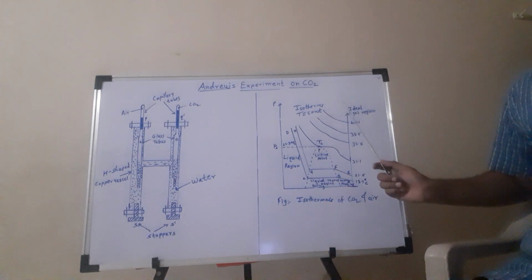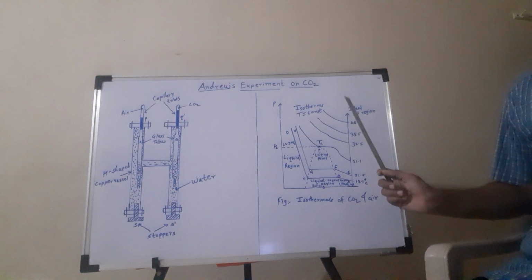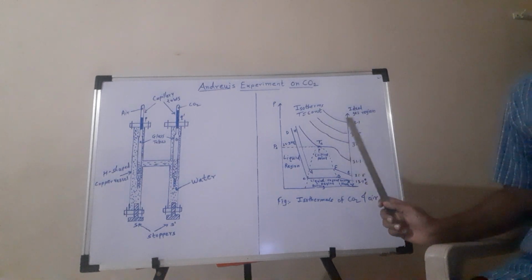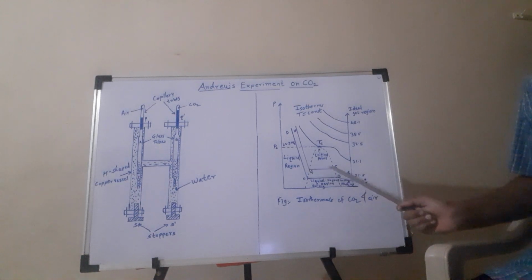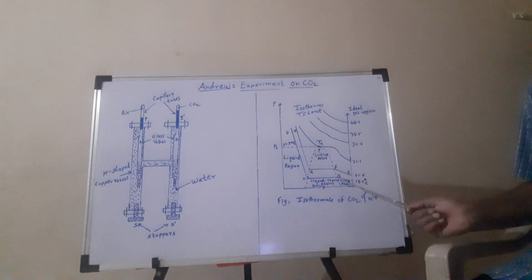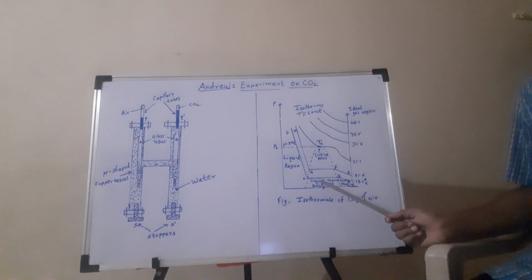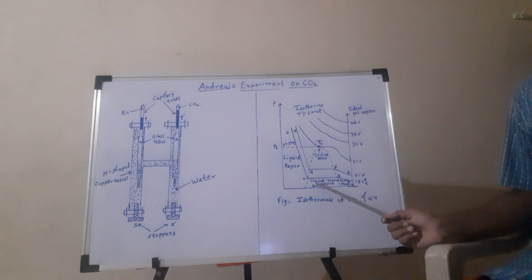From the isotherms of CO2 at various temperatures, the following conclusions can be drawn. At 13.1 degrees Celsius, the portion AB represents the gaseous state of CO2 up to the point B. It obeys Boyle's law. From B to C, volume decreases suddenly, an enormous decrease with slight increase in pressure.